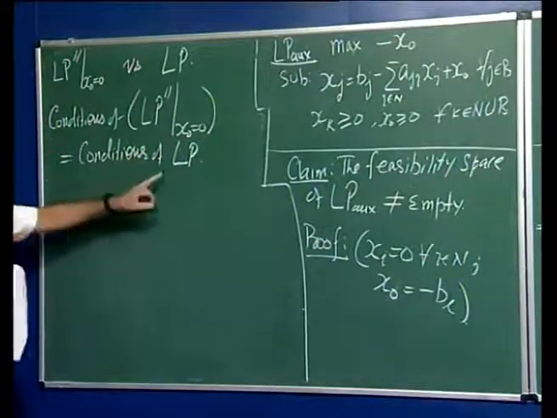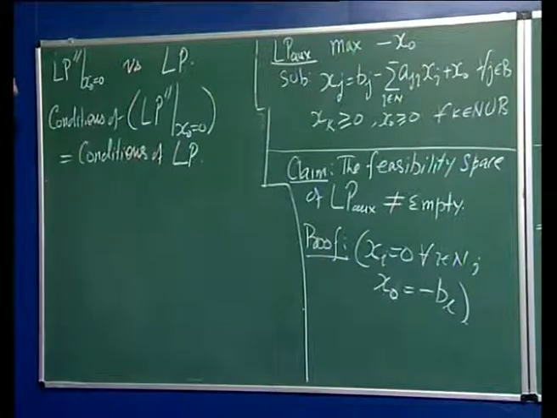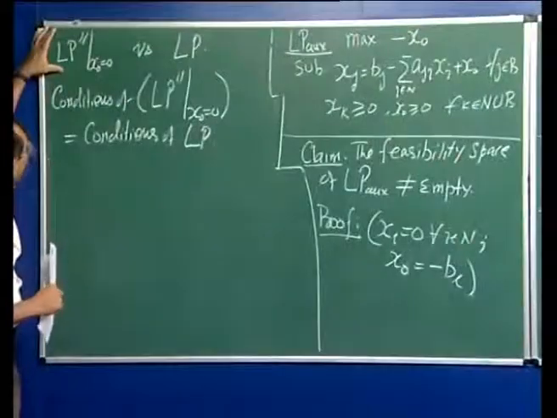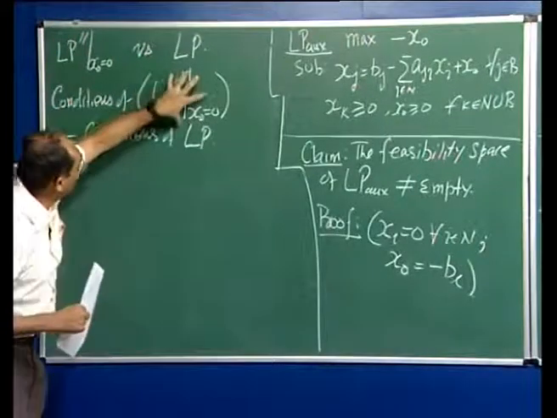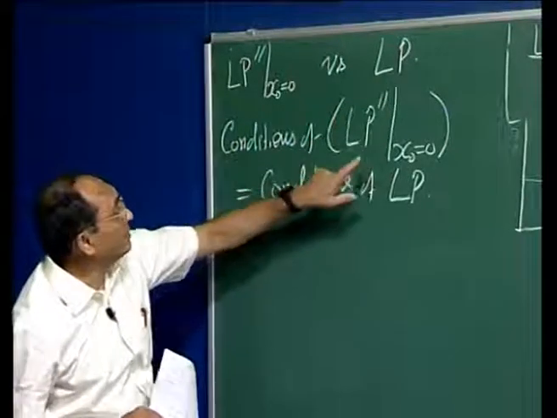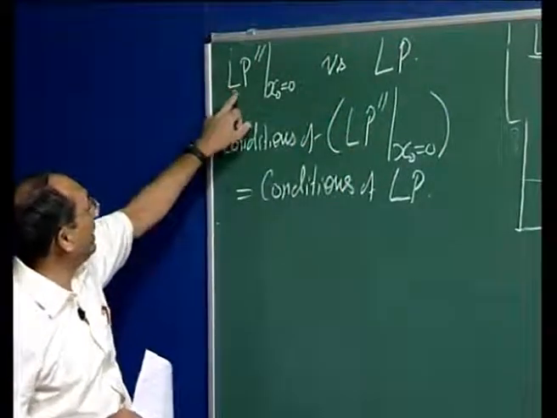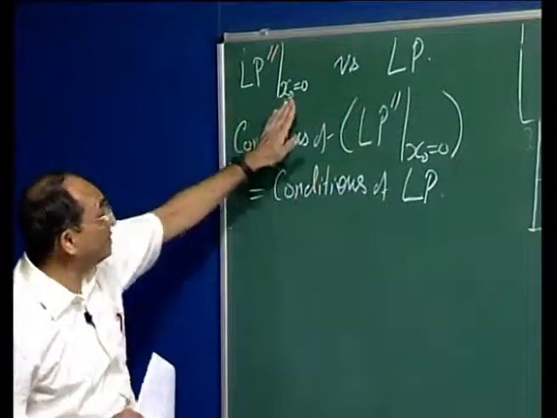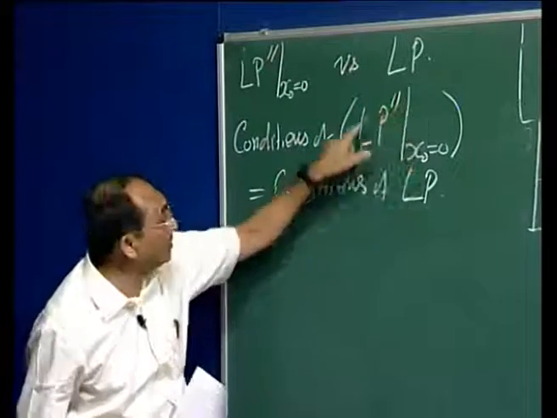But the advantage is that LP double prime had a feasible basic solution. Then this also must have a feasible basic solution, because the basic solution of this had x naught equal to 0. So all the other variables' values will constitute the basic solution of this program.